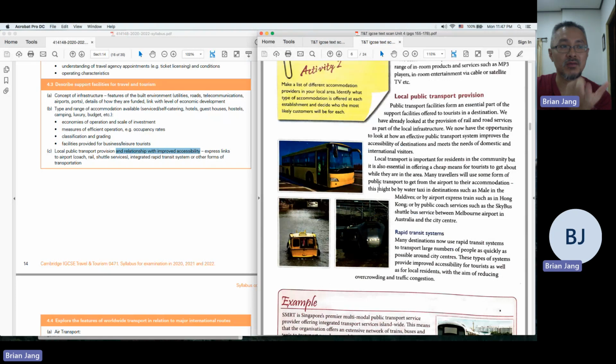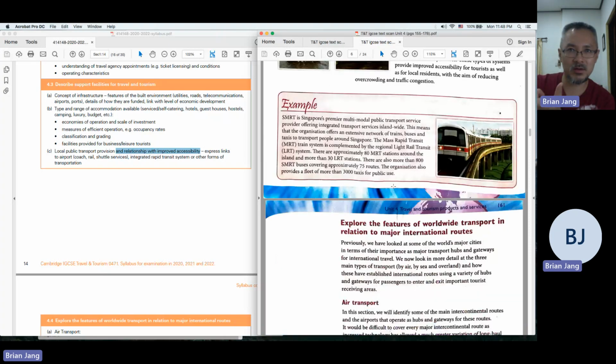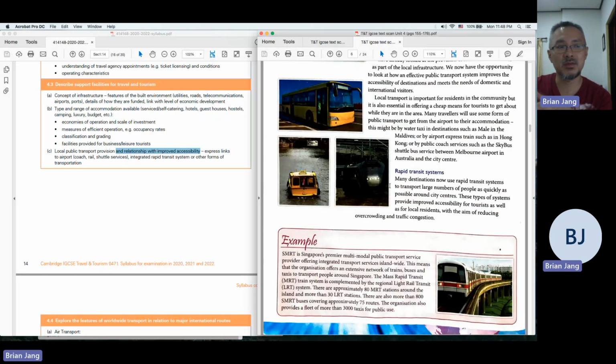Some destinations have rapid transit systems, like subways, bullet trains, buses, maybe even ferries if it's a destination with a lot of crossing over water. Those things need to be in place so that people can get around easily. And that's what accessibility is.